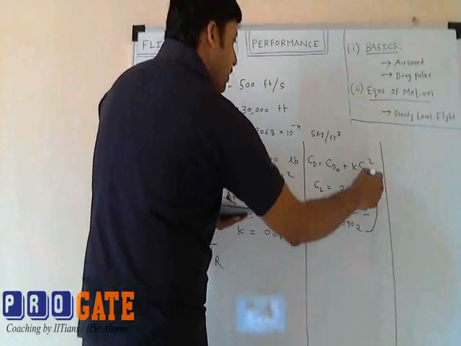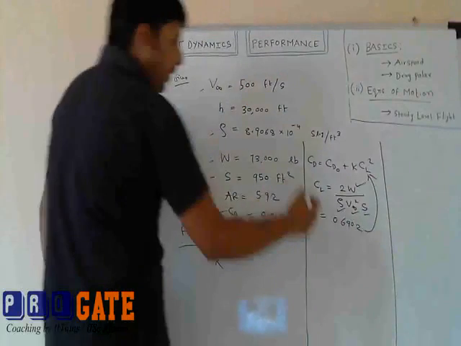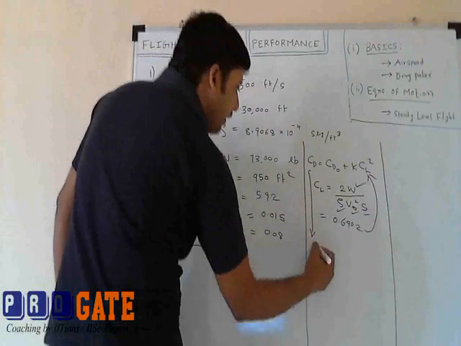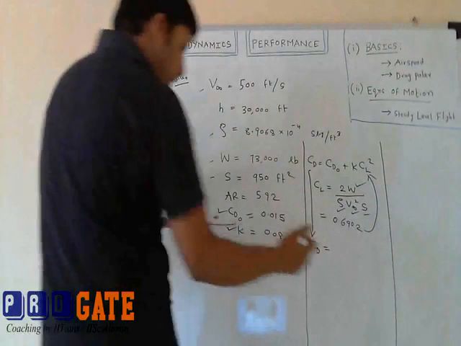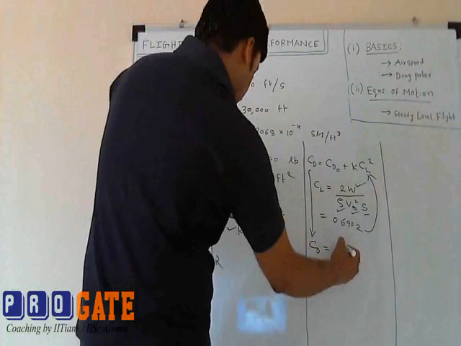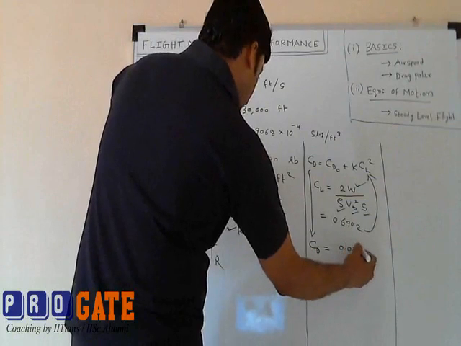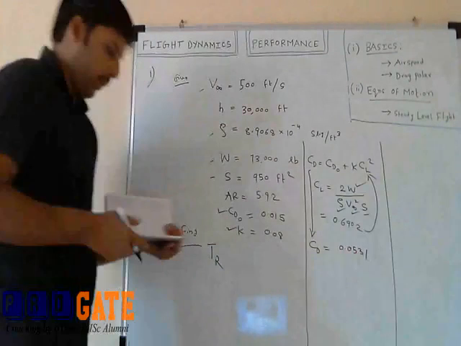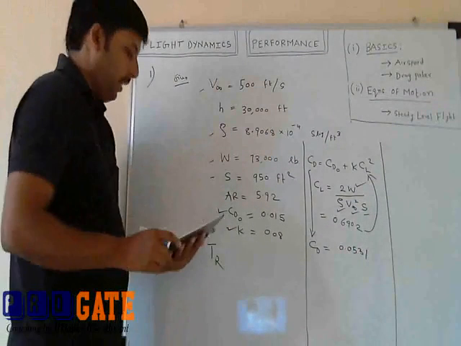Now using this CL, and K and CD naught are given, we get CD equal to 0.0331. So now we know CL and CD.